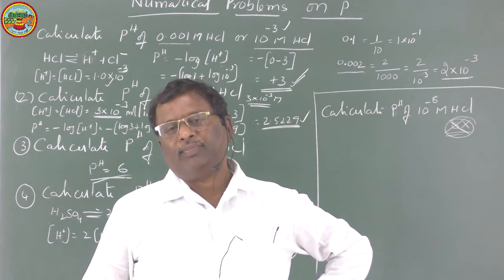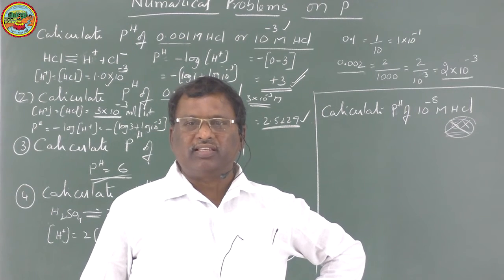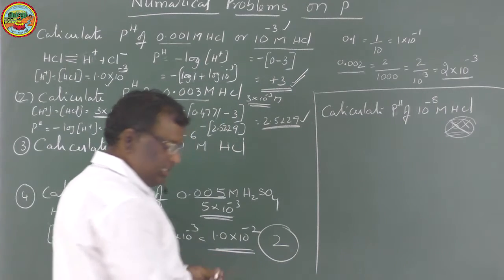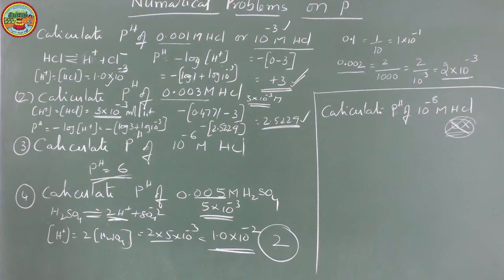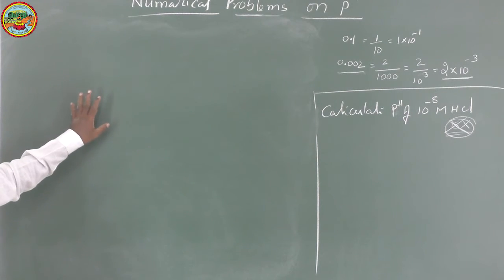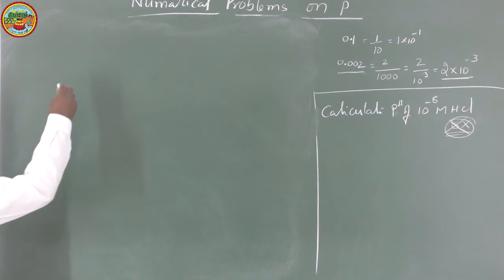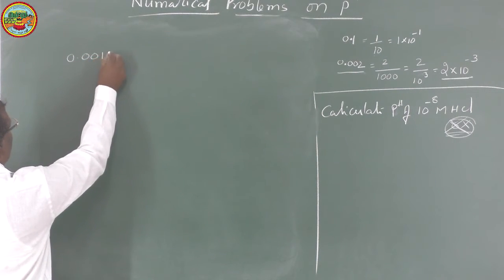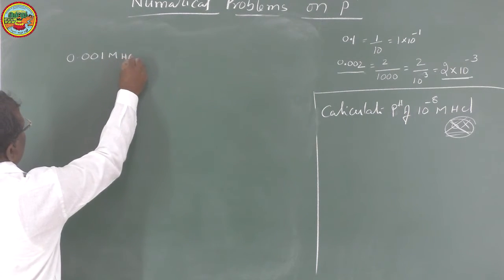So why it happened, I am going to explain. Suppose here we are taking 0.001 M HCl.